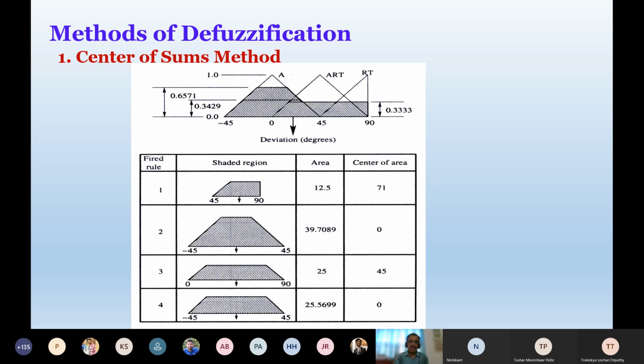Similarly, for the second fired rule, corresponding to this trapezium, you can find out area and center of area according to the center of sums method.